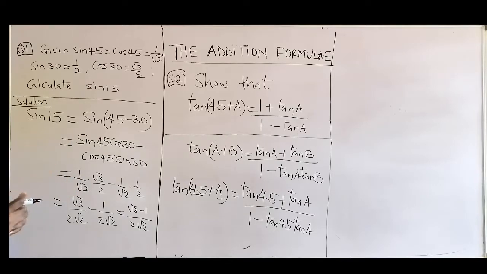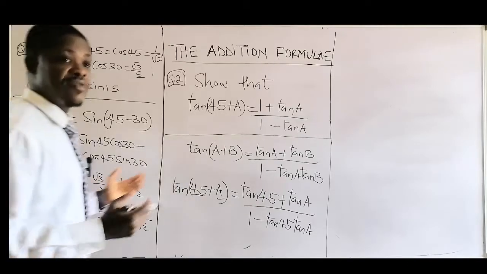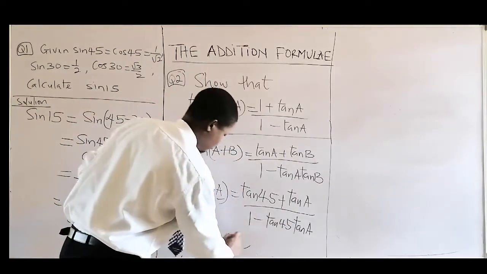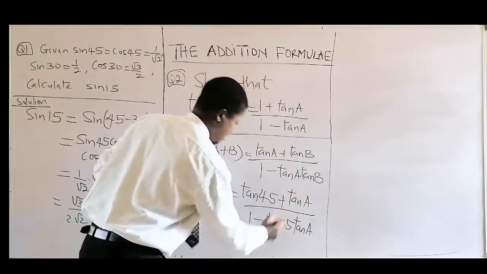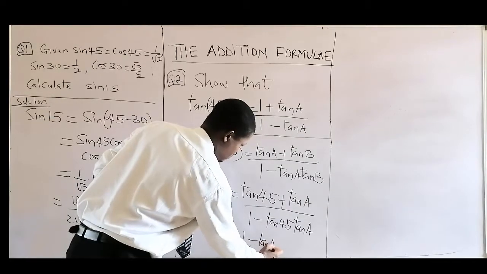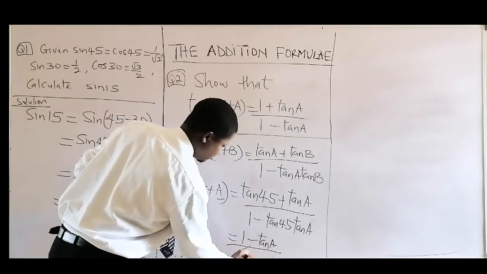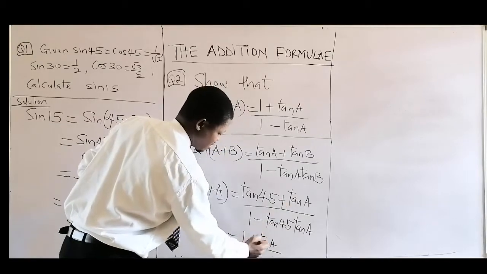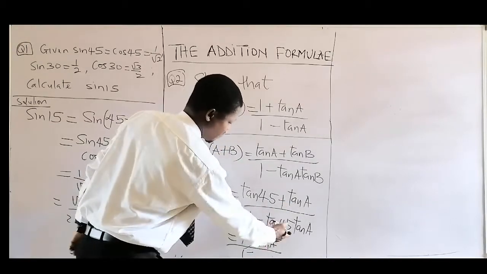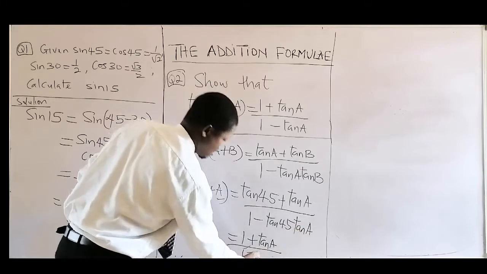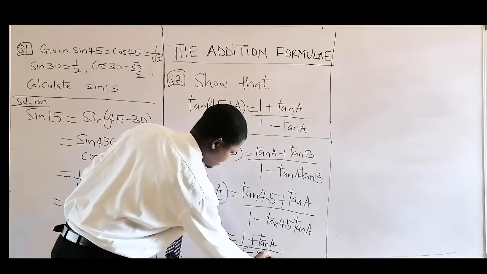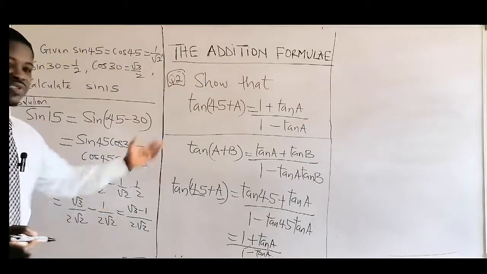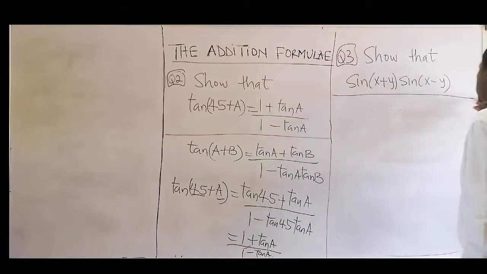We've done that in the trig ratios of 45, 30 and 60. So tan 45 is 1, so 1 plus tan A, all over 1 minus tan 45 times tan A, and 1 times tan A is tan A. So that one is proved. We've proved that.